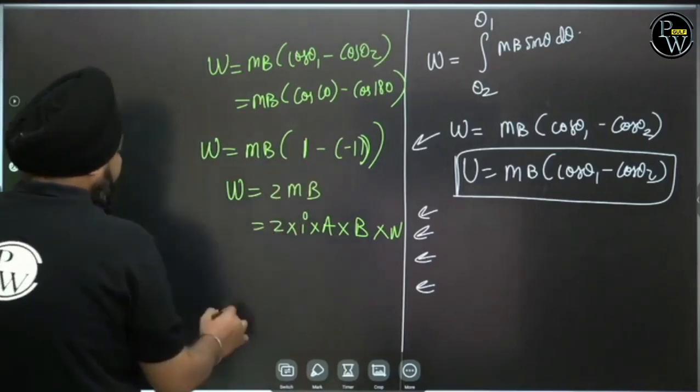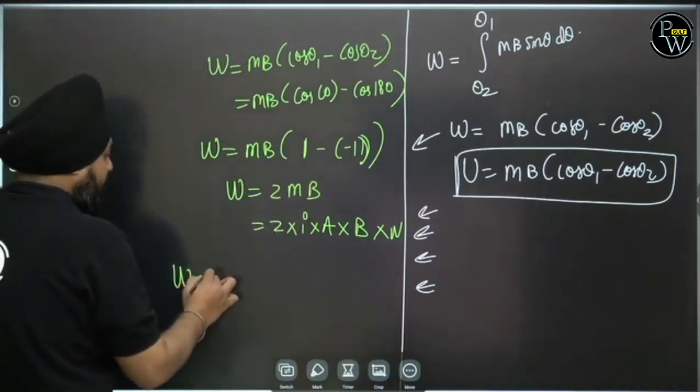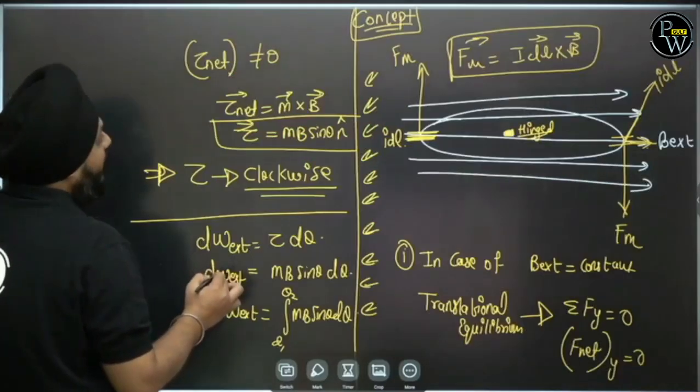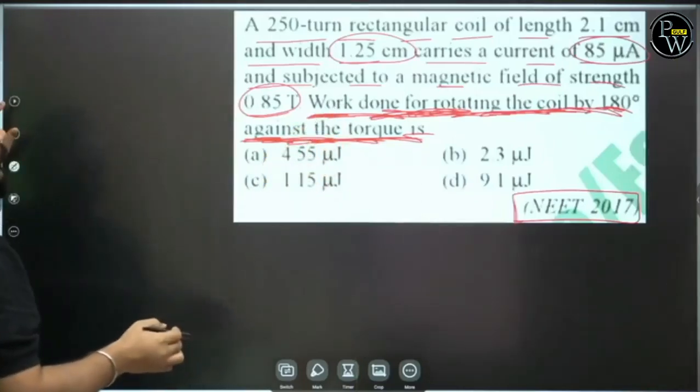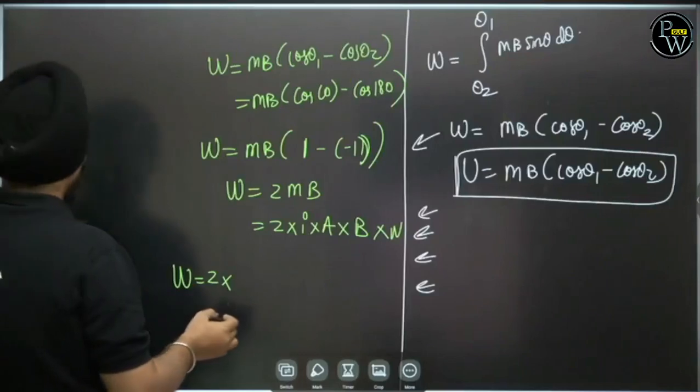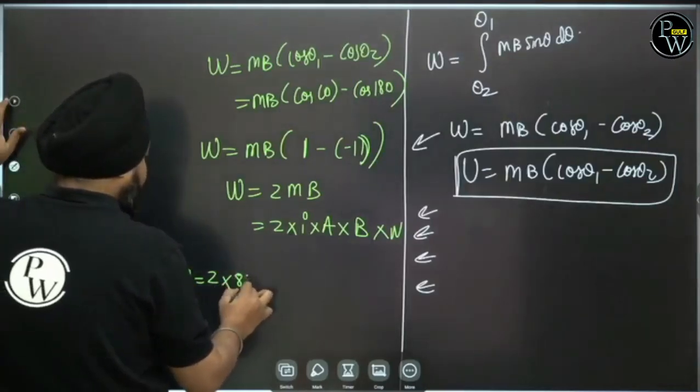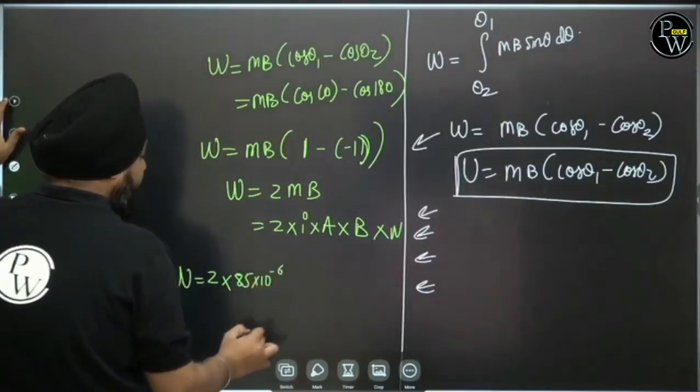So on replacing these values, it is 2. What is the value of the current that is flowing? 85 microampere. So 85 into 10 to the power minus 6.